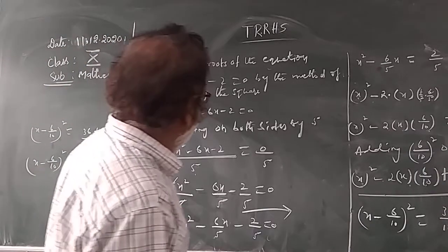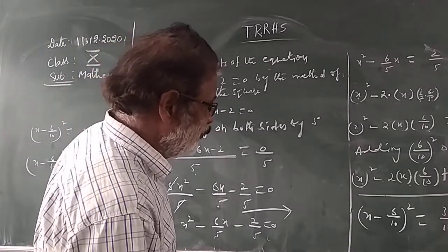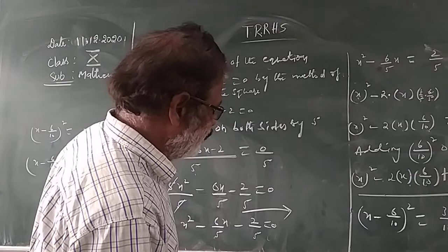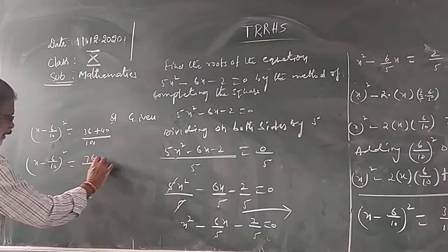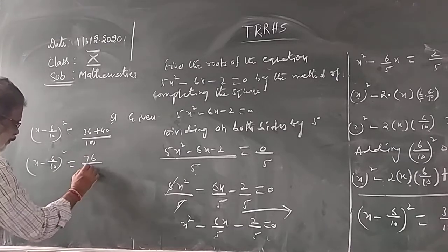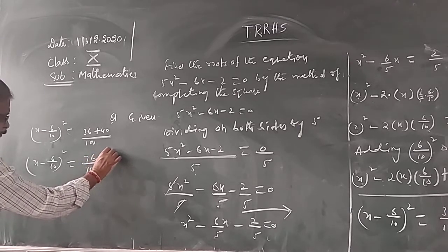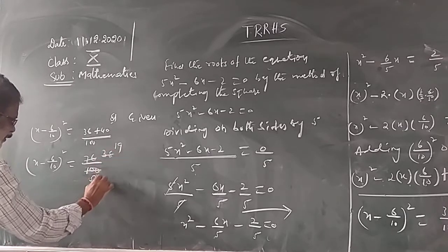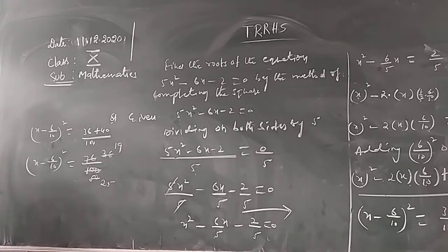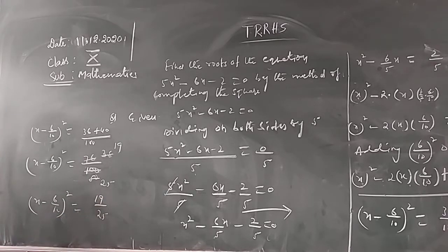Two by 5 or 2 by 3? 2 by 5. 36 by 100 is 2 by 5. 76 by 100. X minus 6 by 10 whole square is equal to 19 by 10.